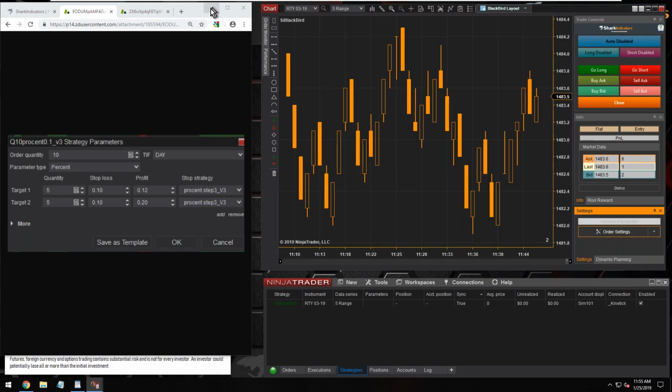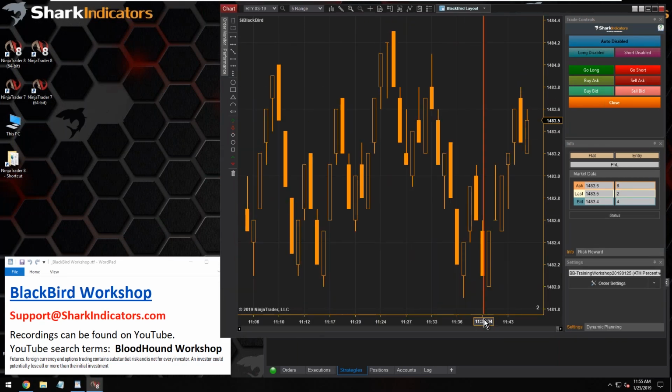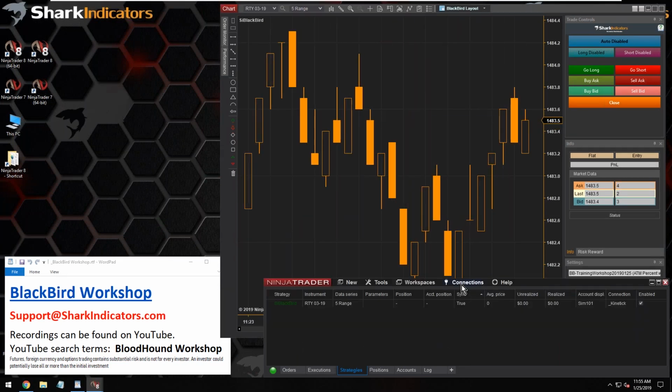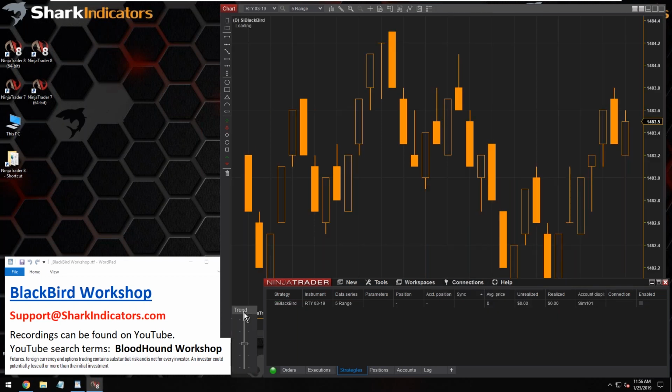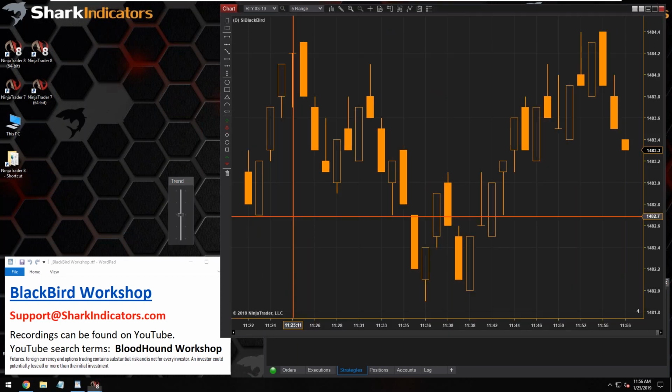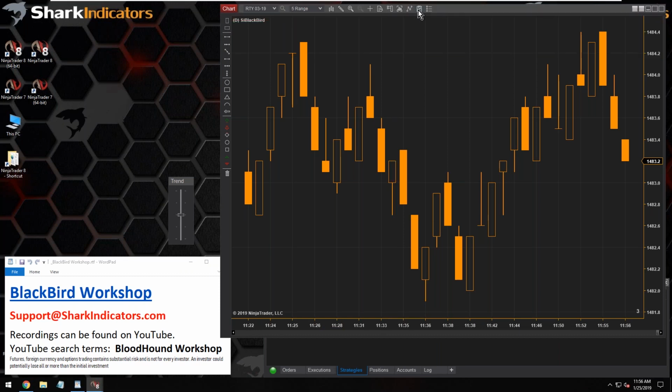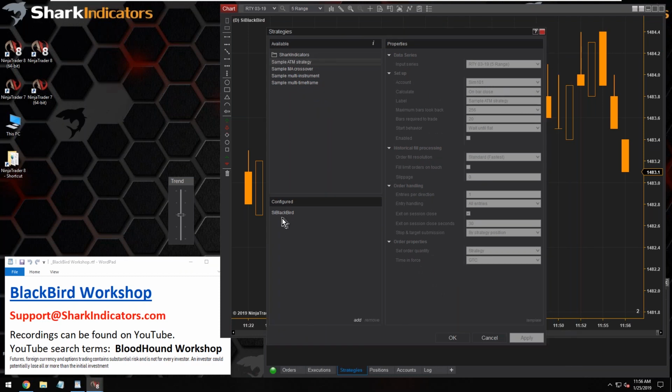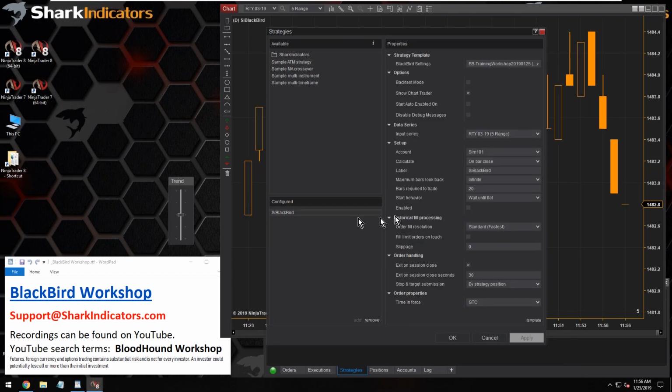And let's take this for a test spin. I'm going to switch over to a simulated data feed so we can get some market movement going. All right, let's get Blackbird up and running again. So there's Blackbird.